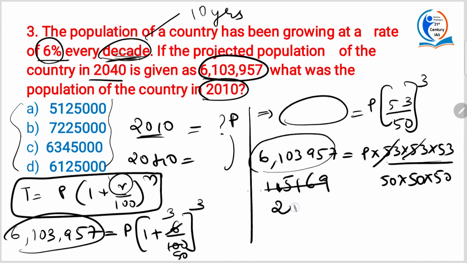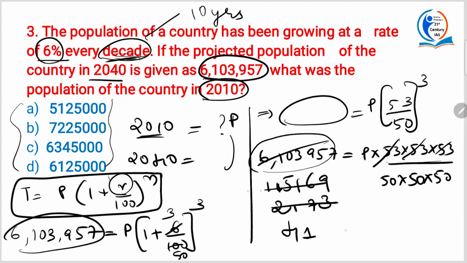So again 1s are, then 7s are, 3s are. Now 53 ones, 53 4s are 212, and then 53 again. So 53 ones are. Okay, so this is the simplified number which we got.